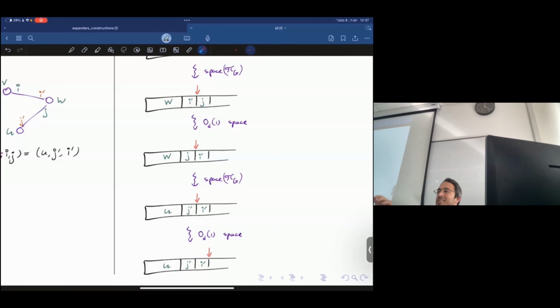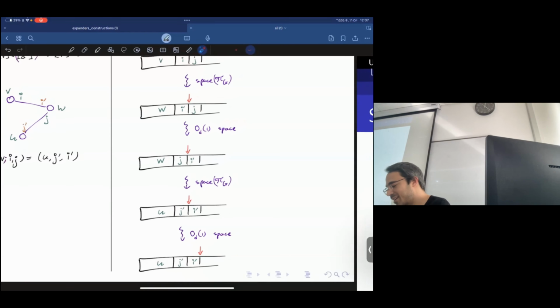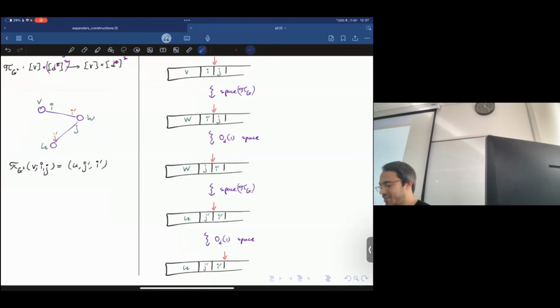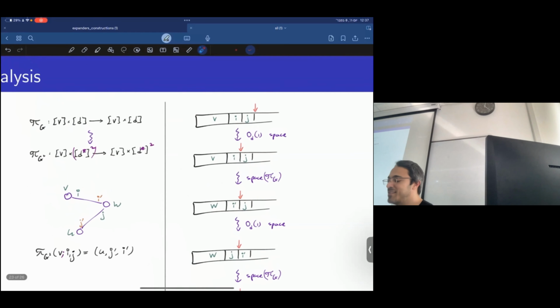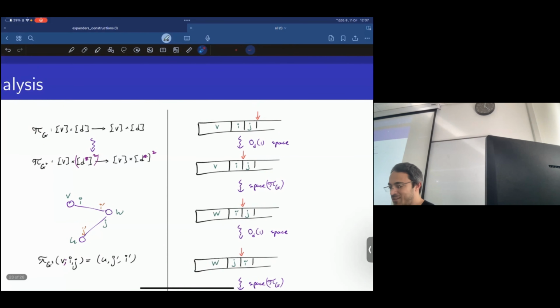It's like a ghost. Every time you want to ask a question about GT, it triggers a sequence of questions going all the way down to G0, and then you get the answer. Some formality is missing, so we want to complete that. Maybe this is G, and then this is G squared, like G0, and this is G squared.